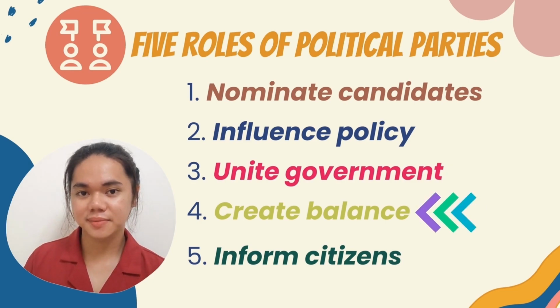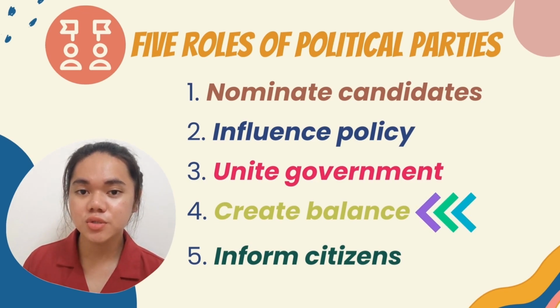Create balance. The most powerful political party is the one that has the most members elected to office. Being in the majority means the party can focus the government's attention on issues that are important to the party's platform, while the party in the minority works hard to oppose the majority party and keep it in check.